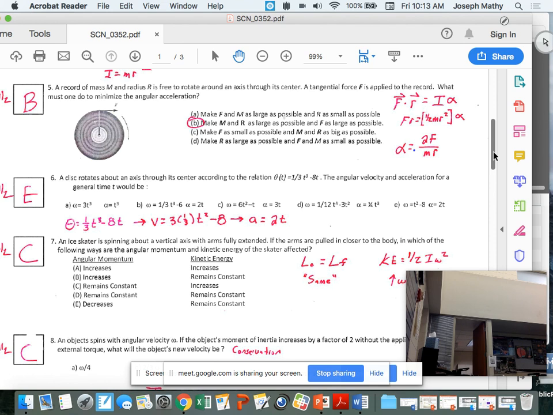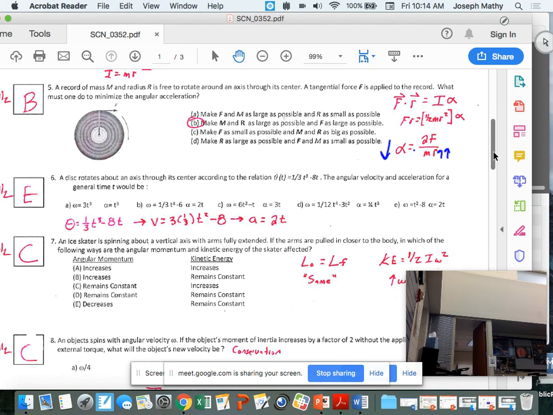Okay? If I want to make this number minimum, if I want to make this number go down, I want to make those numbers go up. I want M and R to be as large as possible. Okay? That's the biggest change you can do. Okay?